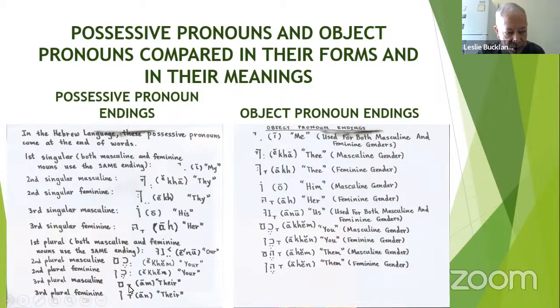And in the third person plural masculine and feminine, you have the endings translated as their. But in the object pronoun endings, you have ahem, which is them, masculine gender, and ahen, feminine gender, translated them instead of their.